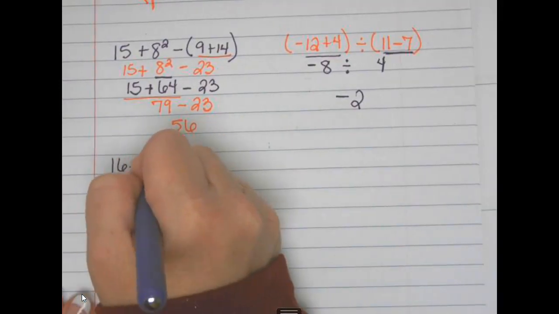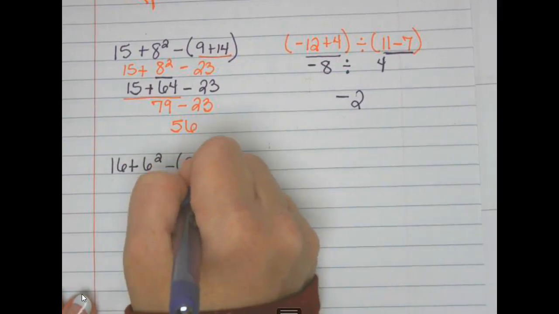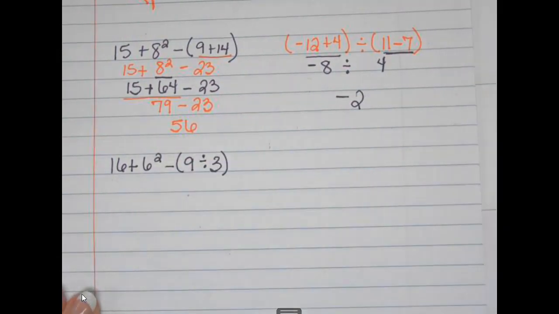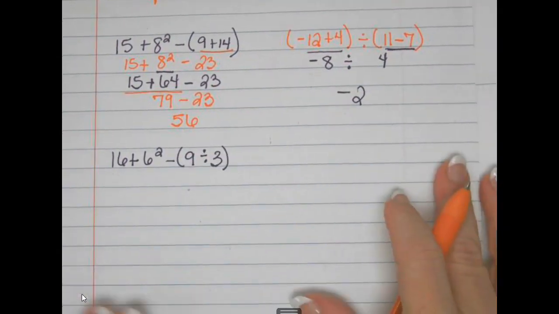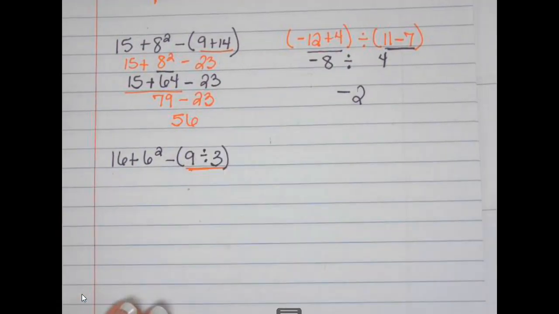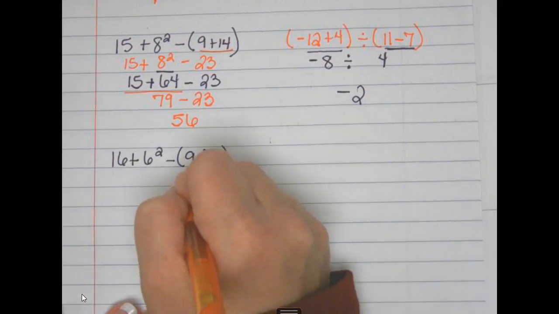16 plus 6 squared minus 9 divided by 3. Parentheses first. 9 divided by 3 is 3.